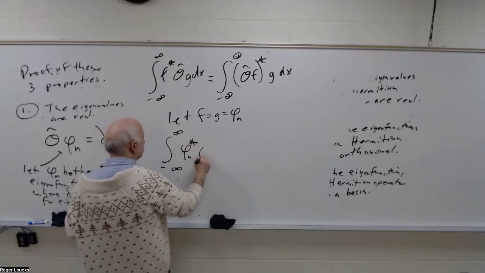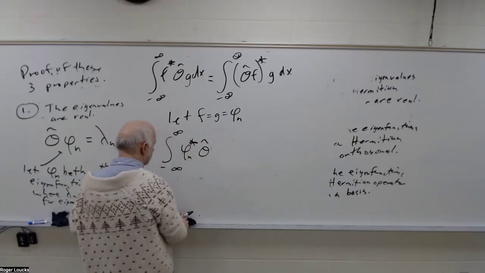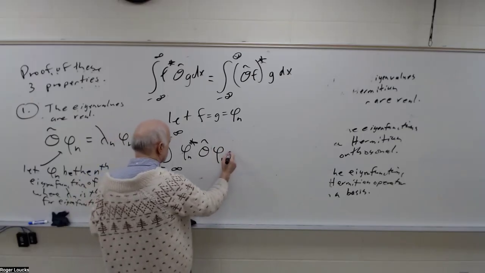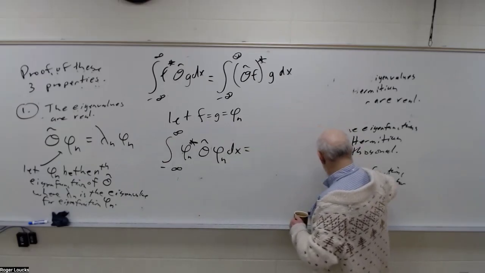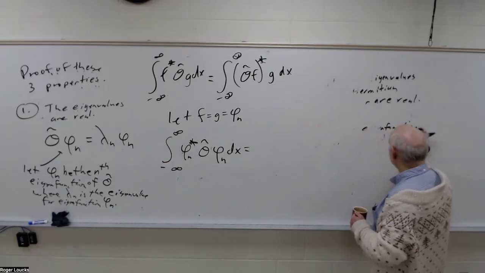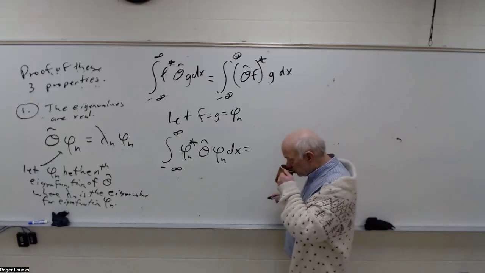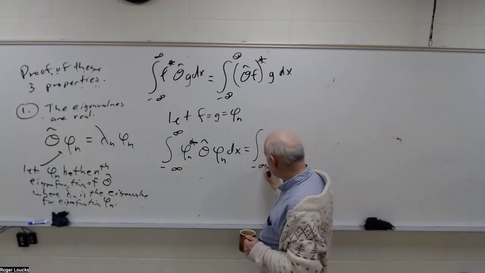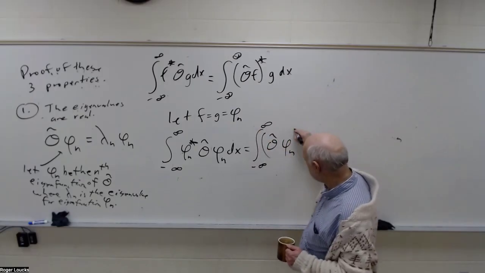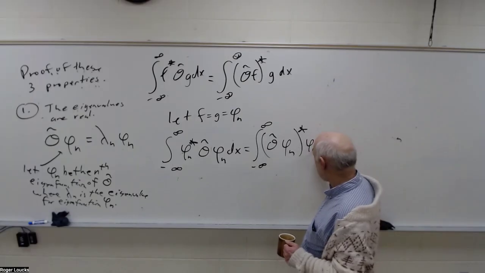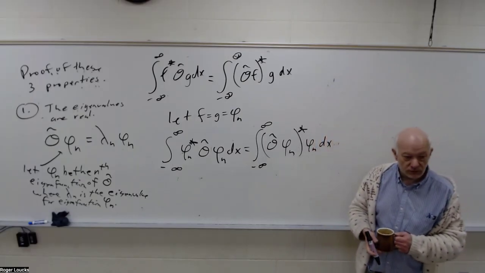The integral of phi n star times O acting on phi n dx equals the integral of the complex conjugate of O acting on phi n, times phi n dx. You finish off the proof. We're basically done.